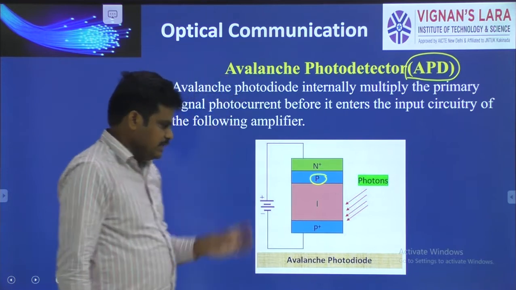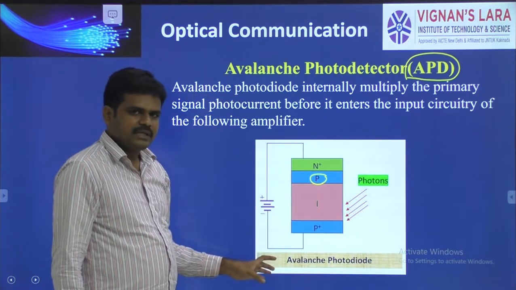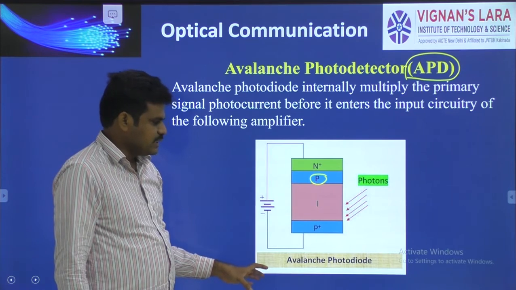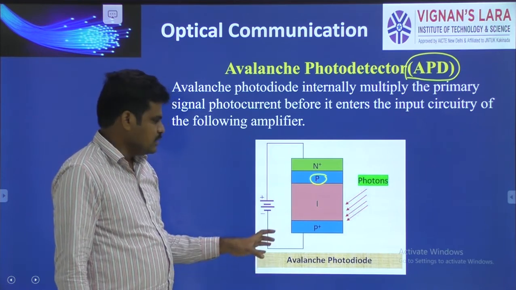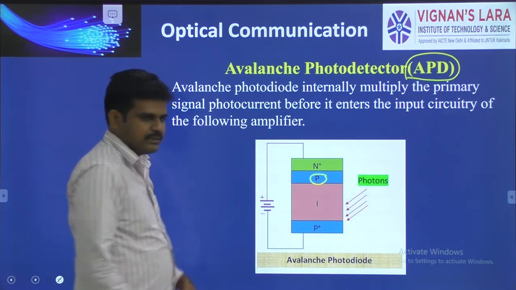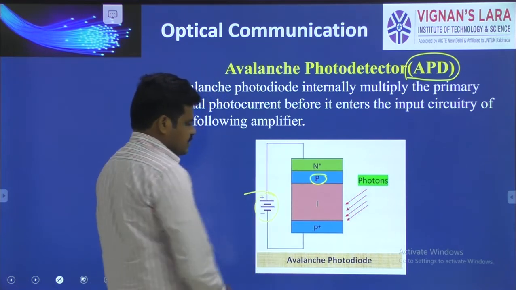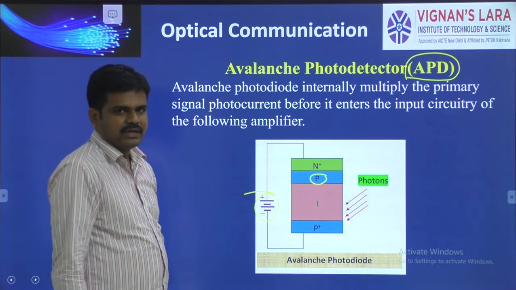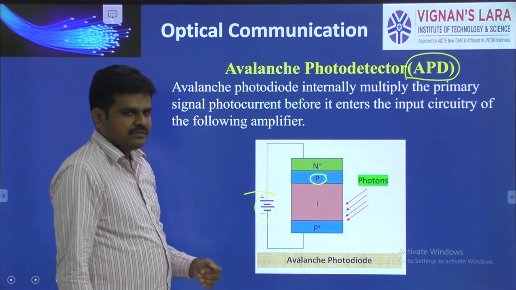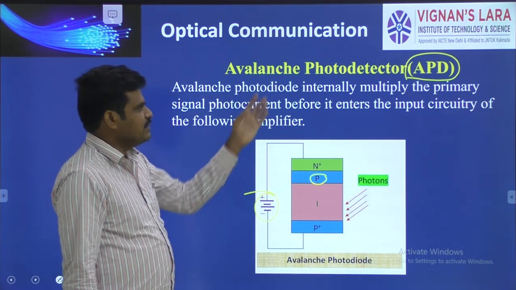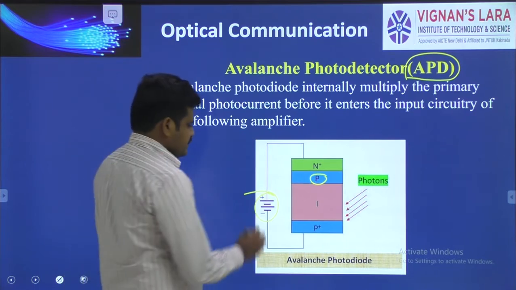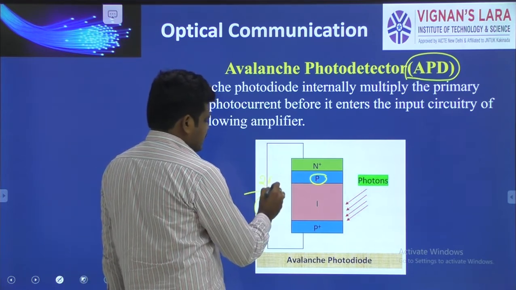Here the main difference is, of course, both are reverse biased. The pin diode as well as the avalanche photodiode are connected in reverse bias. But the reverse voltage applied in the avalanche photodiode is very much high.